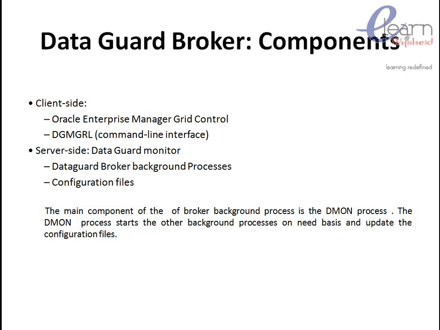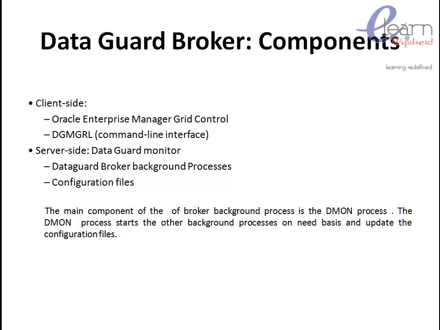Now coming to the architecture, or the components of the Data Guard broker. The Data Guard broker basically works on client-server technology. On the client side, you have either the graphical interface or the command line tool. On the server side, basically you have configuration files. Not only one configuration file, there will be 2 configuration files, that is dg_config file 1 as well as file 2.